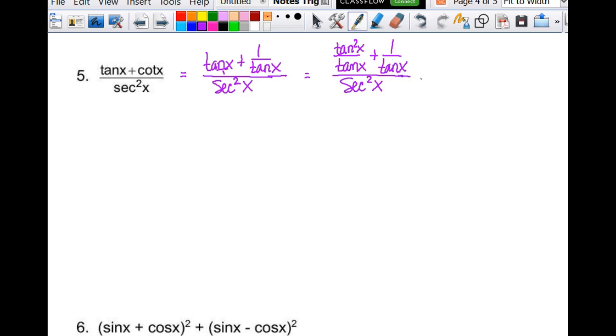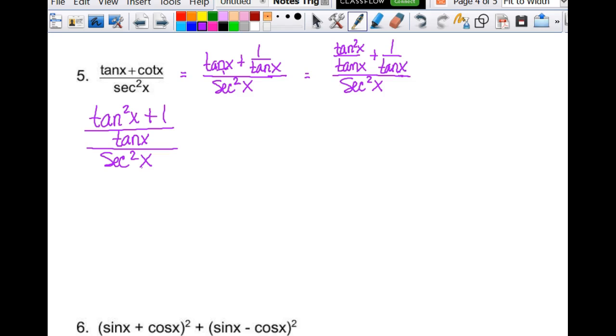Everybody okay with that? So then that's going to become tangent squared x plus 1 over tangent x all over secant squared x, right?